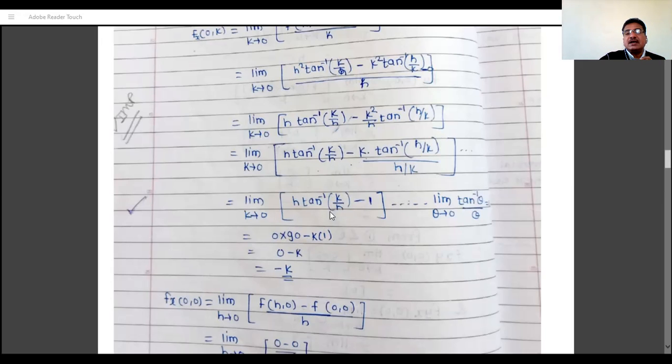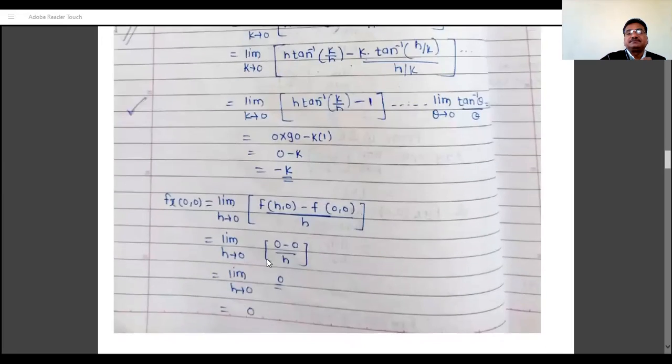So this is 0, 0 into 90 is 0, and this k, the limit of k is itself k, and the limit of this factor is 1. So correction is there, limit h tends to 0 here, here write h. Then the next steps are the same, only write h tends to 0 here. So we have the answer minus k.